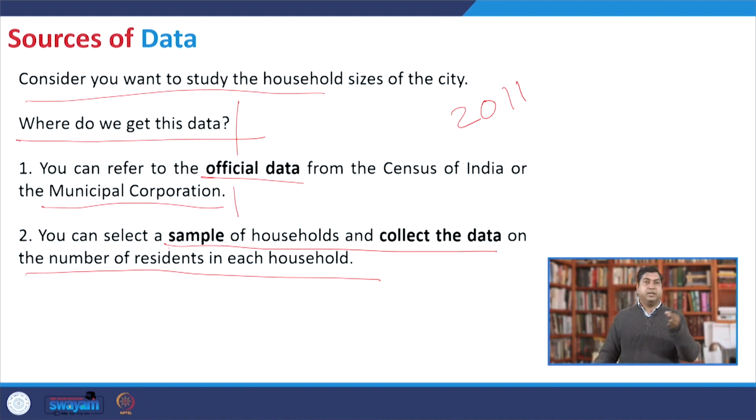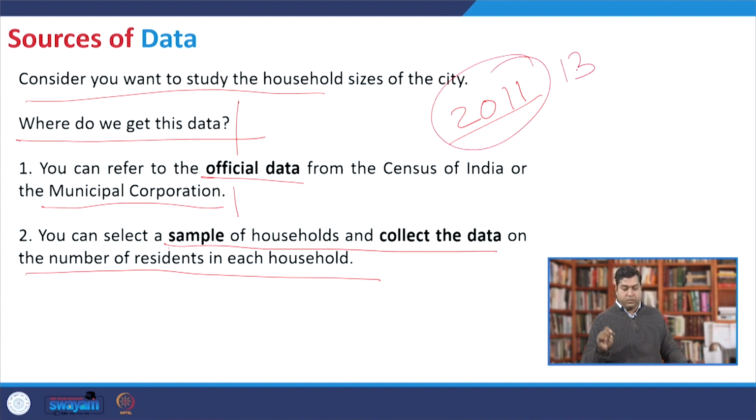Even for rural areas, at the gram panchayat level, you have the information. But suppose you want to assess the possible population and other things in a particular study area, you need to rely on this almost 13 year old data.